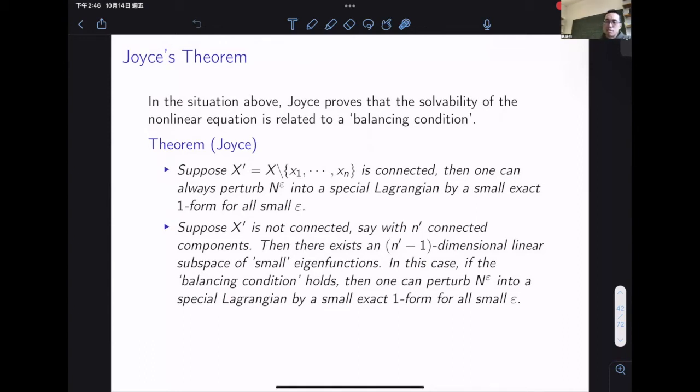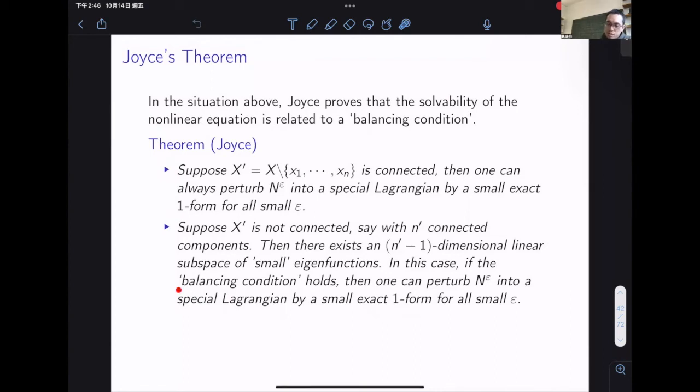So that is to say, our Laplace operator doesn't have a bounded inverse on this subspace. So in this case, we need an additional condition, which I call the balancing condition, in order to make this perturbation argument work.